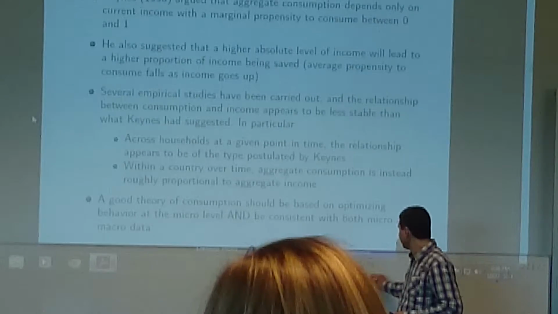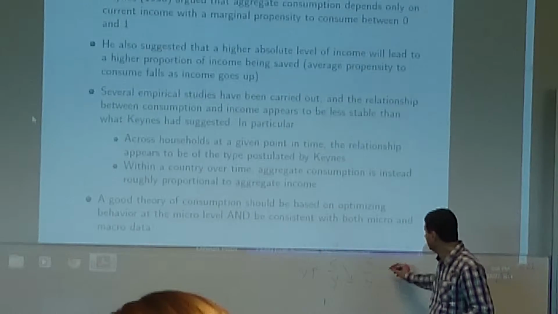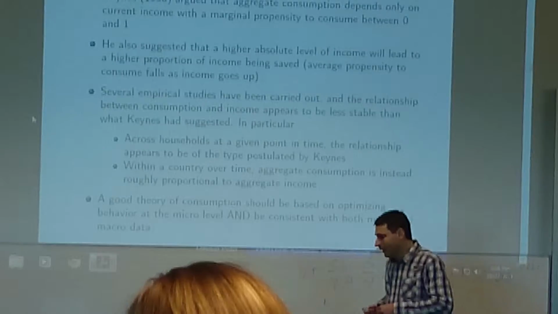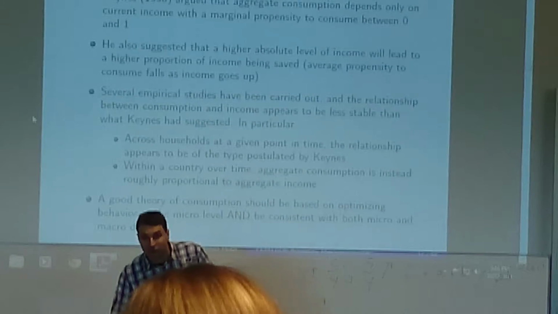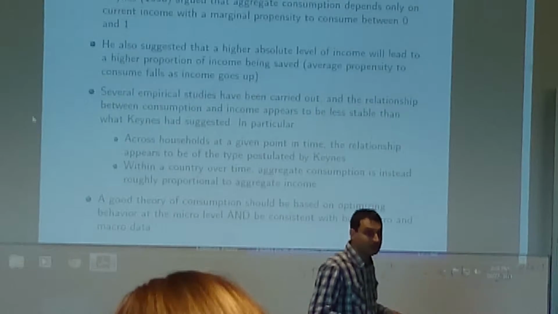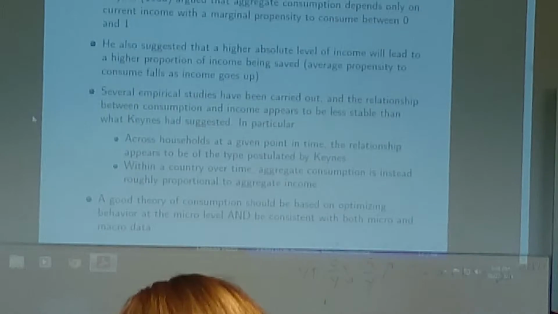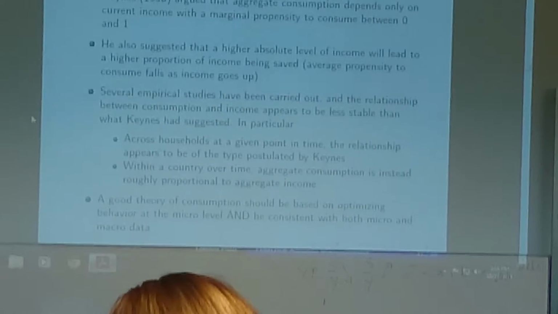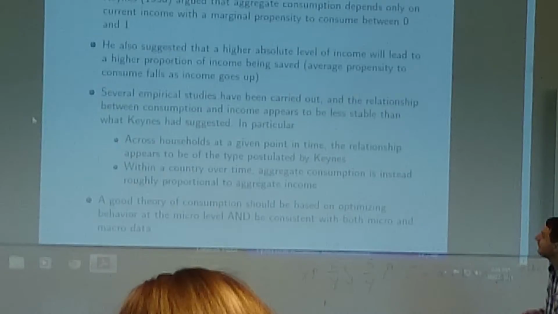That means that the fraction of their income that they save rises. That's another observation, which we still observe today, by the way. So we're trying to reconcile these empirical observations with the permanent income hypothesis.